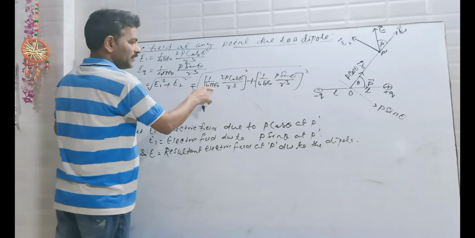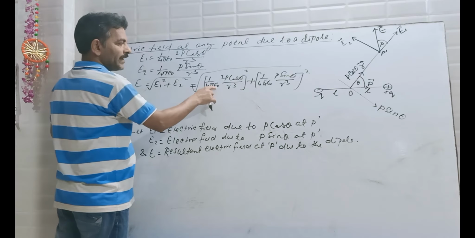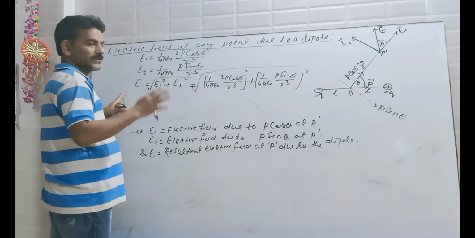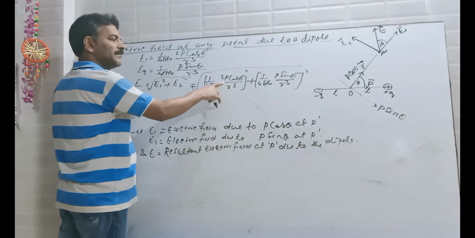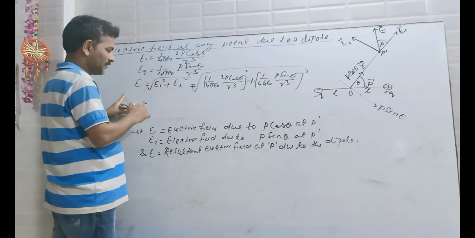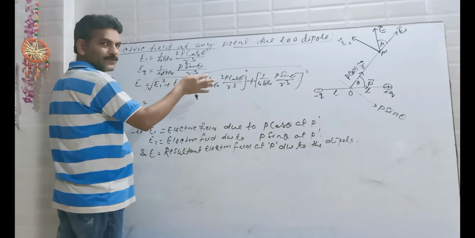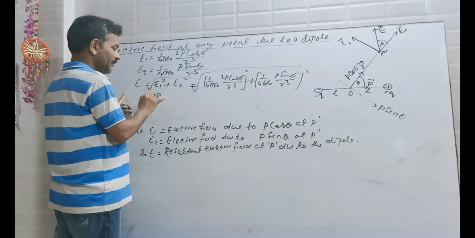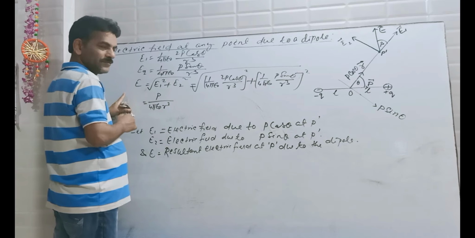You see, you take P by 4 pi epsilon naught R cube out of the root. Here P is there, R cube is there, 4 pi epsilon naught is there. The common factor you should take out of the root. So within the root, it is the square function. Outside the root, it will be P by 4 pi epsilon naught R cube.